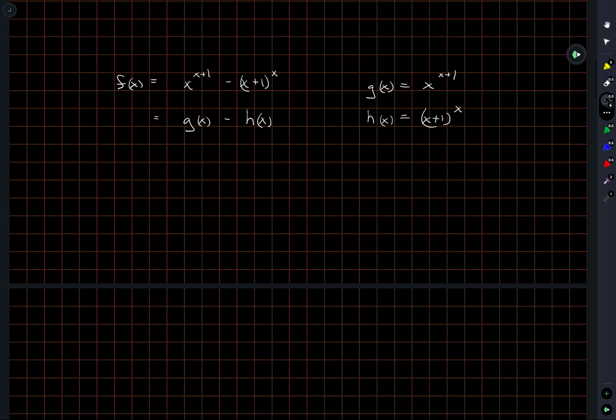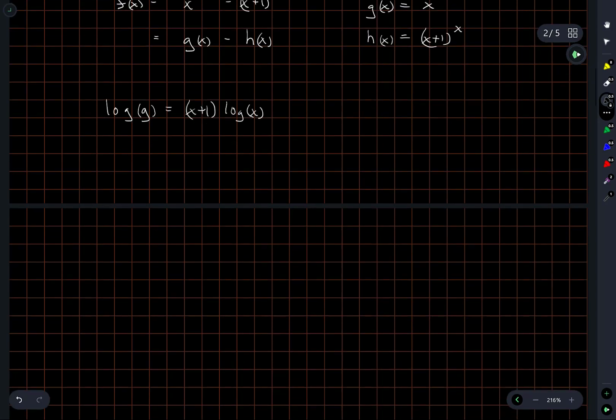So I want to take derivatives of both of these things. And the easiest way to take derivatives of g and h is with implicit differentiation. So log of g is x plus 1 log x. So if I take a derivative of this, I have g prime divided by g is log x plus 1 over x.